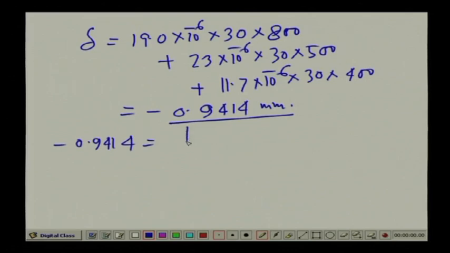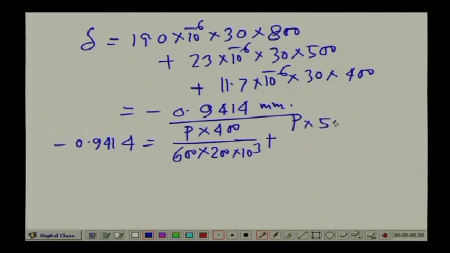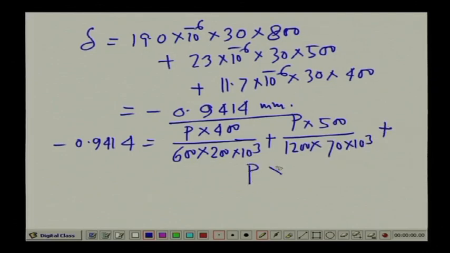And when we pull this by load P, this shortening of 0.9414 is to be compensated by the elongation from the force, which is P times L by A: P into 600 by 1200 into 200 into 10 to the power 3, plus P times 500 by 1200 into 70 into 10 to the power 3, plus P into 800 divided by 2400 into 83 into 10 to the power 3.